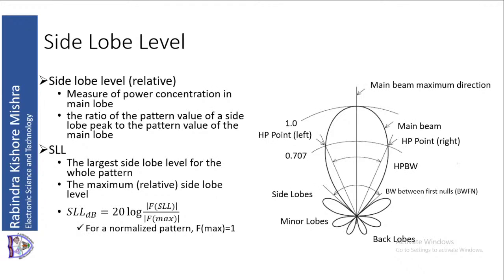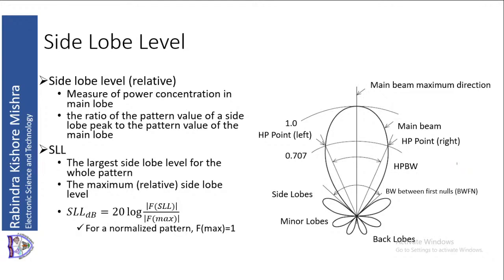So the ratio of the pattern value of the side lobe peak to the pattern value of the main lobe peak gives us the side lobe level, which is called SLL. SLL stands for side lobe level.